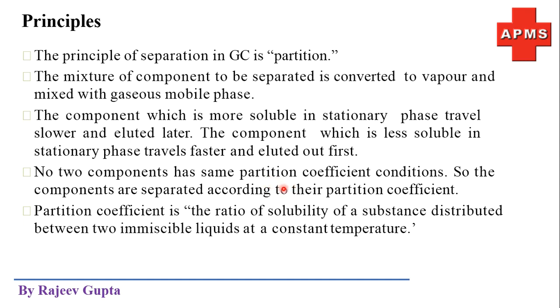Due to this solubility difference, they move faster or slower depending on their partition coefficient. So the components are separated according to their partition coefficient. A component with high partition coefficient will travel slower, and one with low partition coefficient will travel faster.